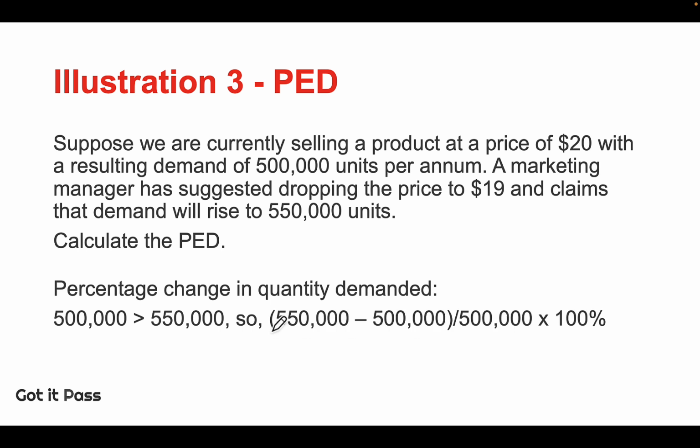So the equation to find the percentage change is 550,000 minus 500,000, and then this number divided by 500,000 and times 100%. So it comes to a 10% change.